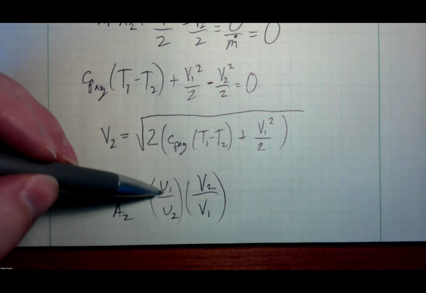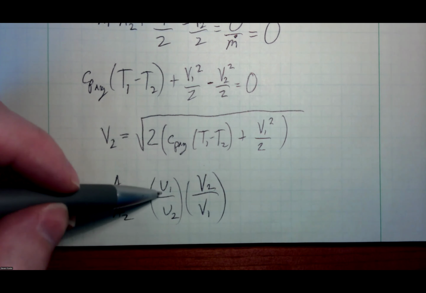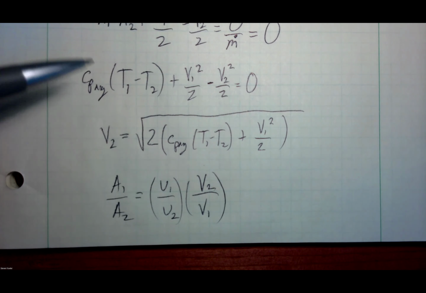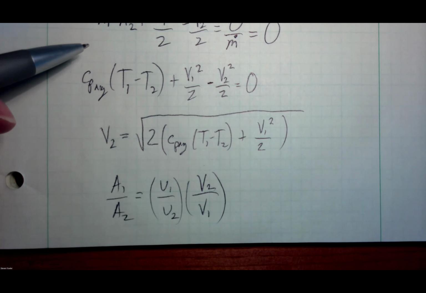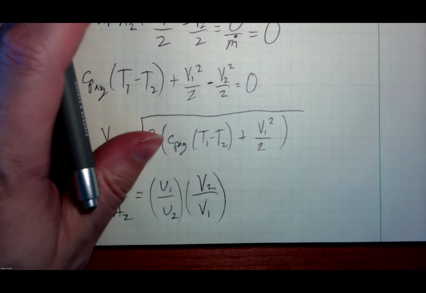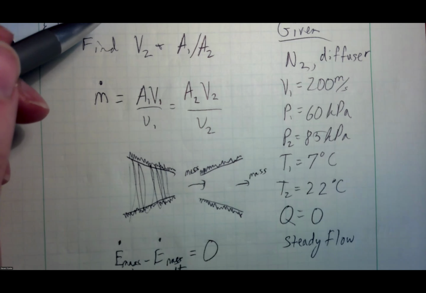Now, what about these guys? How do I find these guys? Well, these are properties. Again, the rule for finding unknown properties is, okay, what is my substance? I have nitrogen, that's an ideal gas. So do I have any way of finding specific volume for nitrogen gas based on the properties that I have?